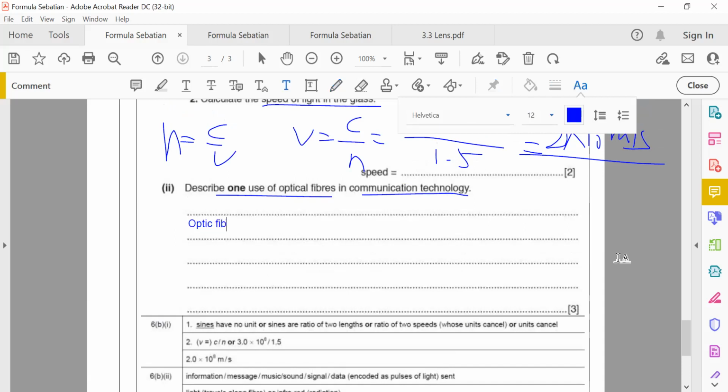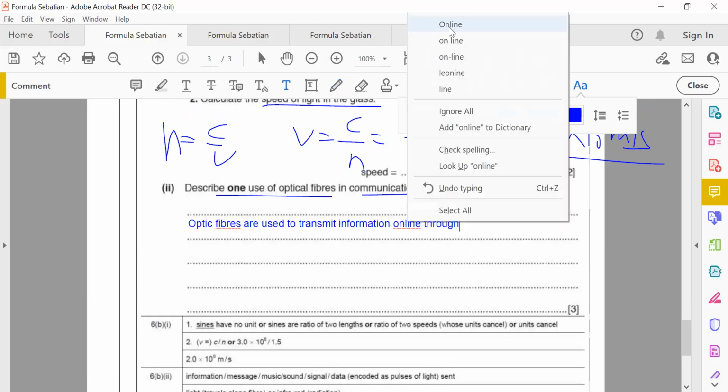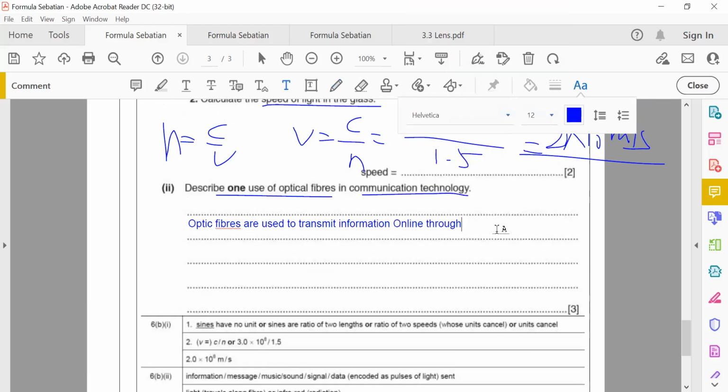Optic fibers are used to transmit information online through pulses of light with the application of total internal reflection.